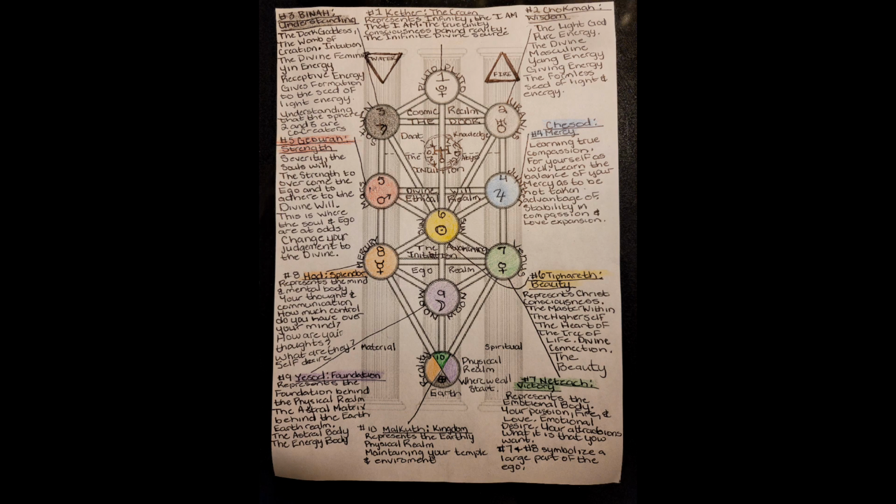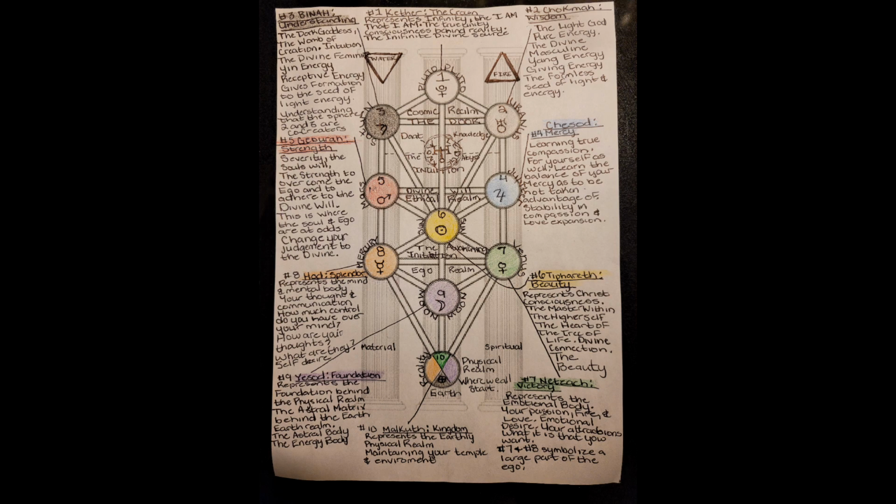How are your thoughts? What are they? Do they lean towards self-desire? So the sphere basically just represents your mind. Where's your mind at? Acknowledging where your mind's at and deciding, is that where I want my mind to be? And if not, then how do I work to shift my mental body?